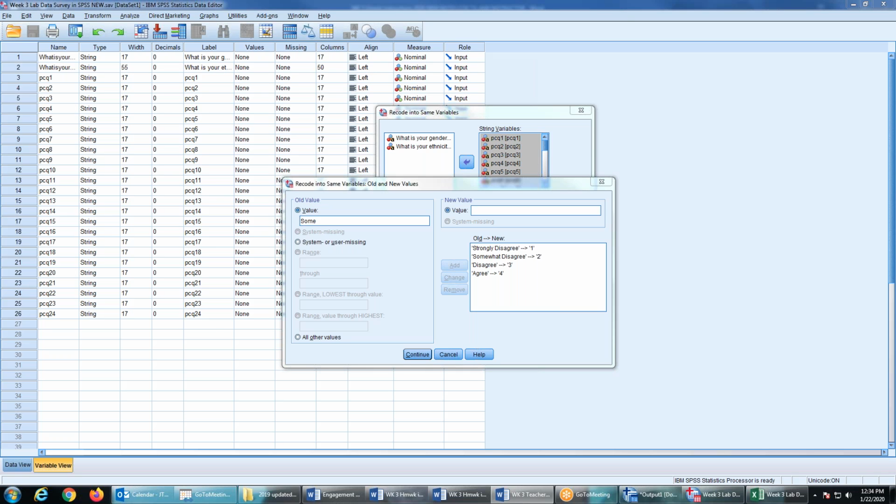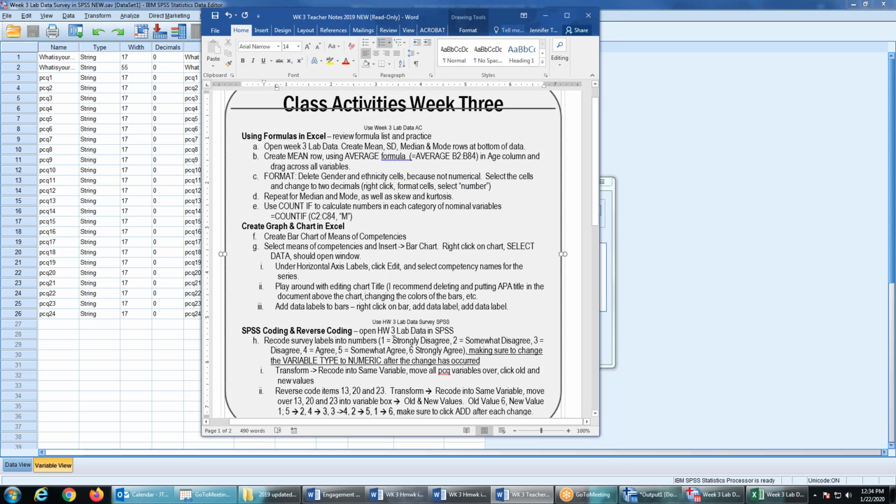And you know what? I'll pull this over. As I'm looking at this, I'd like to change it anyway. You and I might know exactly how to do this, but I'm also writing these notes for somebody who's never taught it before. Because agree would be a 5, and somewhat agree would be a 4, and strongly agree would be a 6.